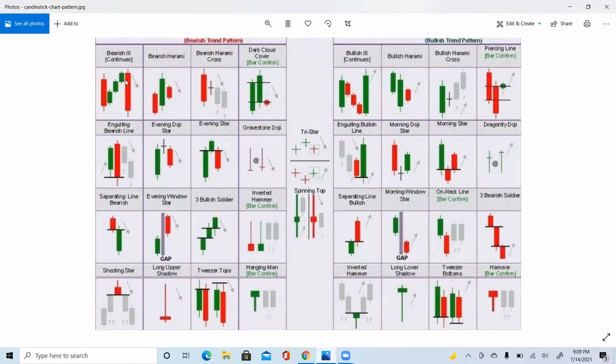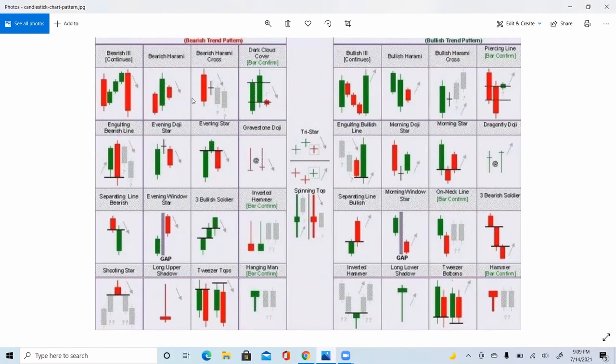That's a continuation pattern for a downtrend. Sometimes people use it as confirmation. Sometimes people wait for this candle to cross a moving average, which we'll get into later, and cross that line and also be a continuation or a confirmation.